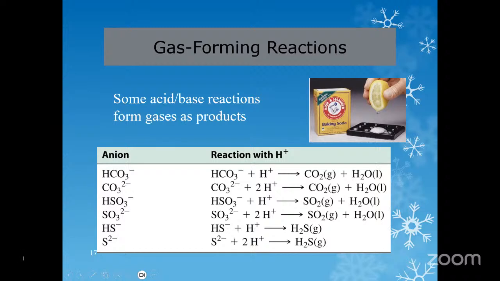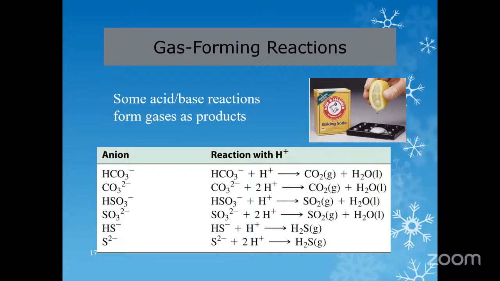And then we get to this pair of ions here, the hydrogen sulfide or sulfide ions. When you add acid to any one of these, this produces a gas known as hydrogen sulfide. Now, this is one reaction you definitely don't want to do at home. Because one, hydrogen sulfide is a very awful smelling gas. It's the smell of rotten eggs, right?